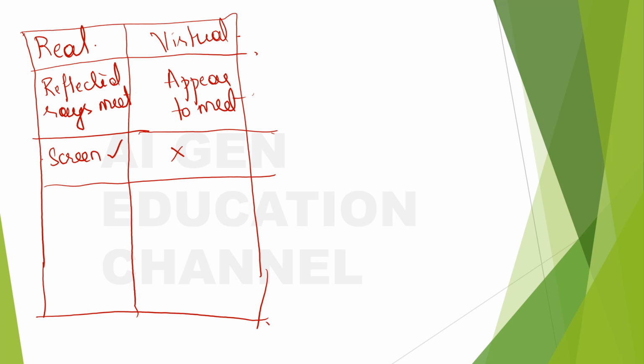Next, what is the image here? Here you will get an inverted image, here an erect image. You remember the difference between inverted and erect, right? Inverted image means when you want to see the image of a triangle like this, you will get it upside down.